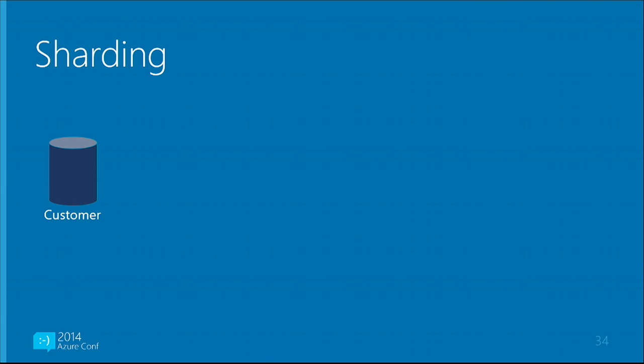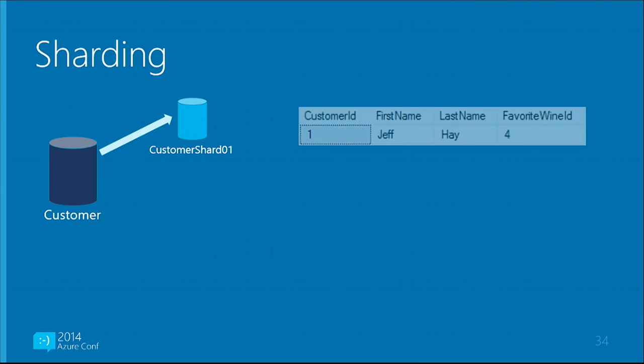In my sample customer data, I just have 3 rows. I have 3 customers, and so we're going to shard with those 3 customers. It'll be pretty simple to understand like that. We're going to create a physical database for customers, and we're going to call it customer shard 01. And we're going to put 1 record in that database. Now, this example is not how you would really do it.